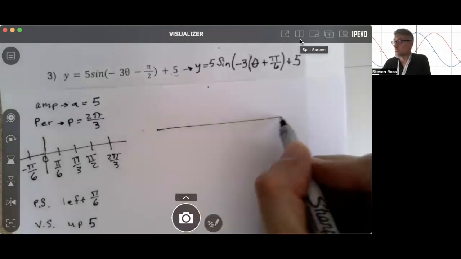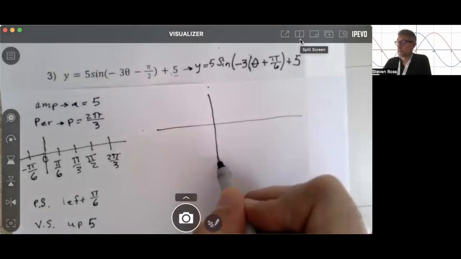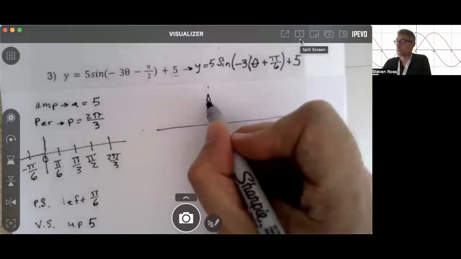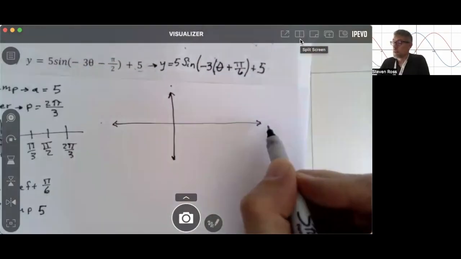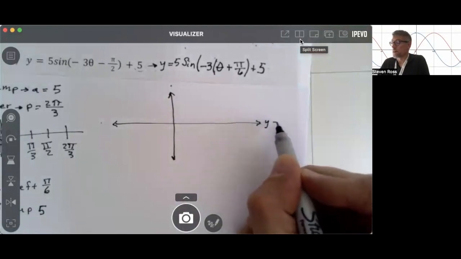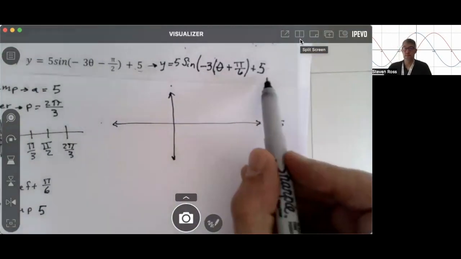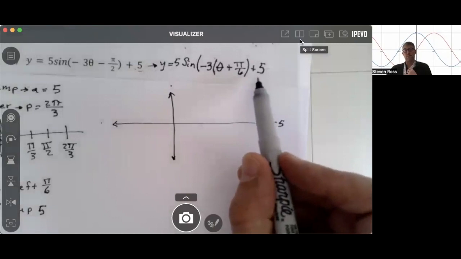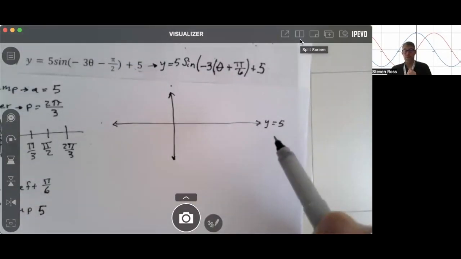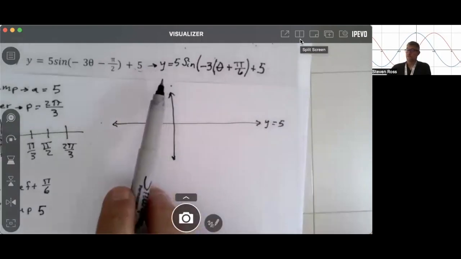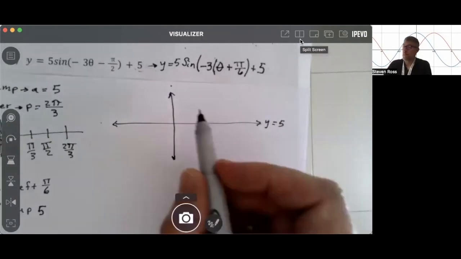Let's see. Still have a lot more to go with this question, though. Let me start by writing out y is equal to 5. I like to start with the vertical shift, so y is equal to 5. That's how high it goes. And then I'll go to the front where there's a 5.